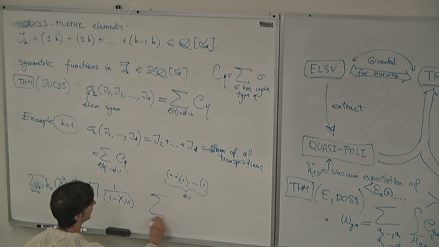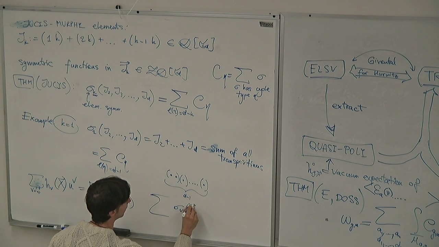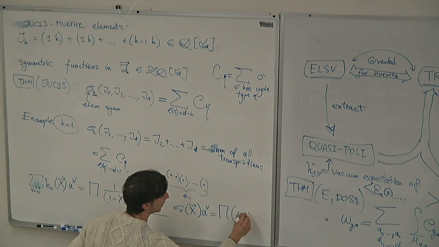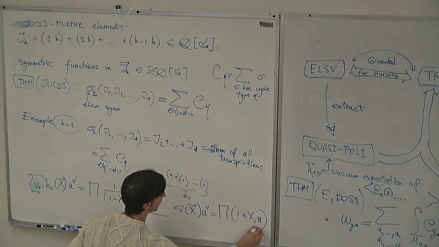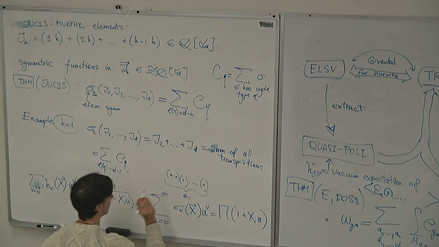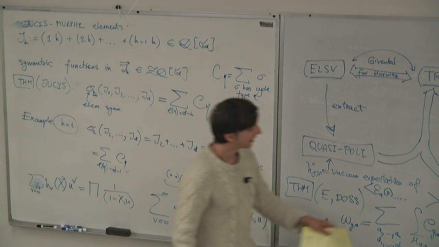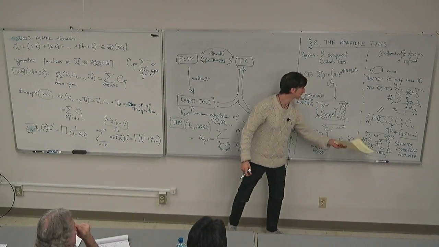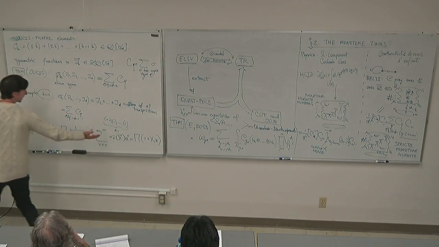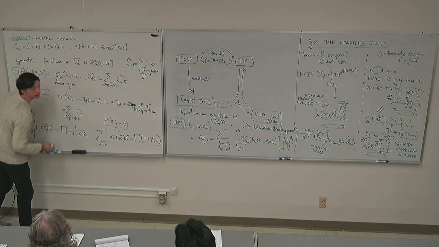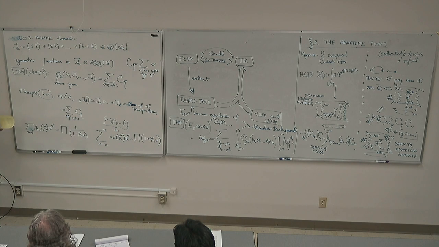If I have the generating series instead for these guys, this is just the product of 1 plus u x_i. And then from the generating series, you see that these two problems are very similar to each other. They are twins, because their generating series is, okay, one the inverse of the other if you change the sign of the variable of the generating series. And so many of the results that hold for one problem hold for the other.